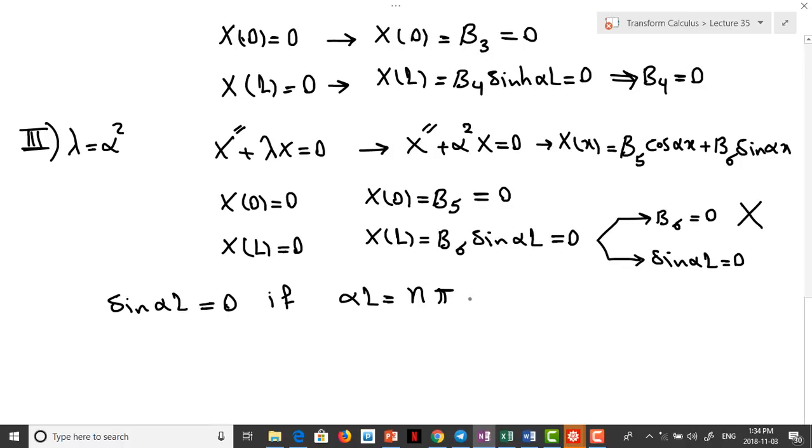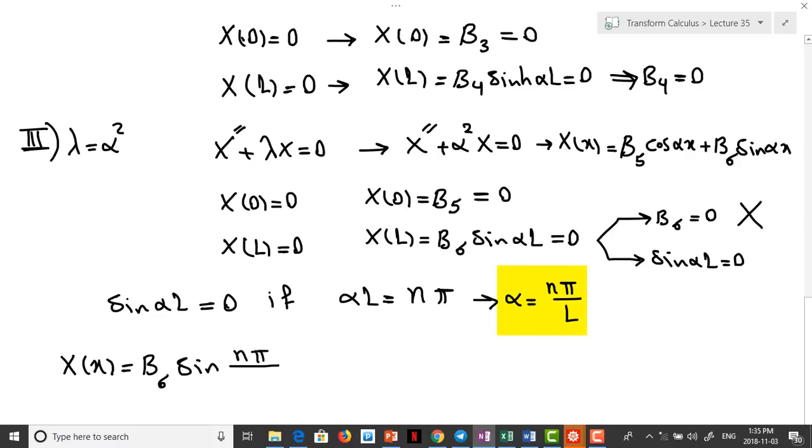So it means that alpha is equal to n times pi divided by L. And X of x is now equal to b6 sine alpha x, since b5 is 0. Alpha we found, it's equal to n times pi divided by L, times x.